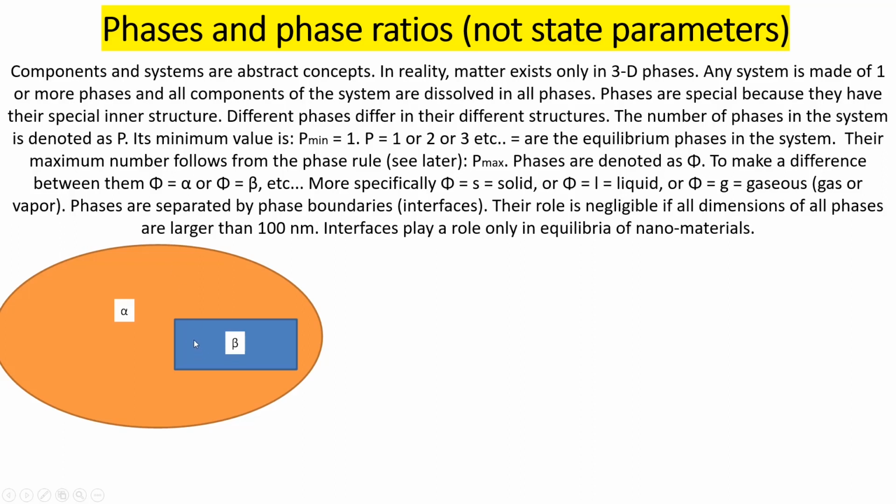Now, because the two phases have different inner structures, there must be an interface between them. At the beginning of this course, the role of this interface will be neglected, but this will be the true story only if all the dimensions of all the phases are at least 100 nanometers or larger.